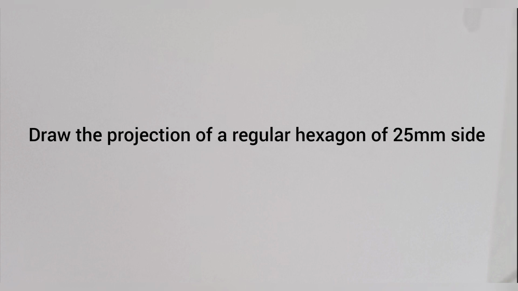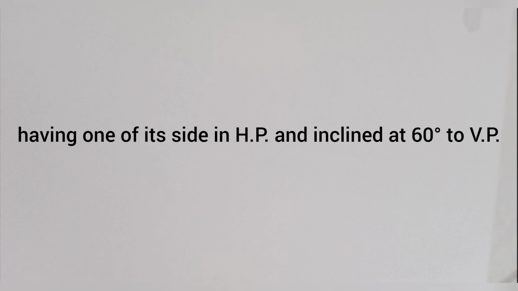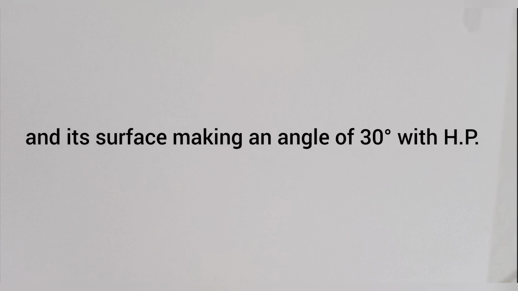So the question says, draw the projection of a regular hexagon of 25 side having one of its side in HP and inclined at 60 degree to VP on its surface, making an angle of 30 degree with HP.